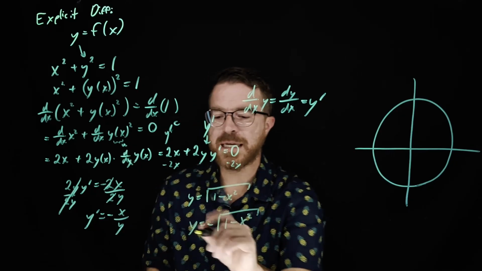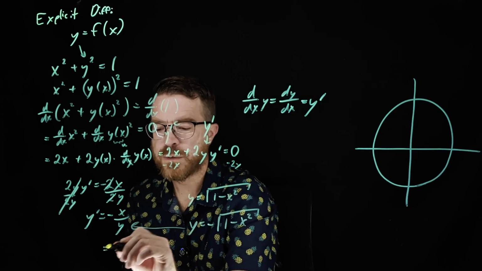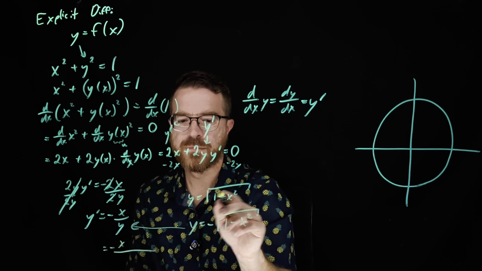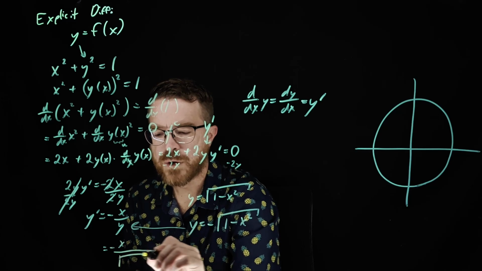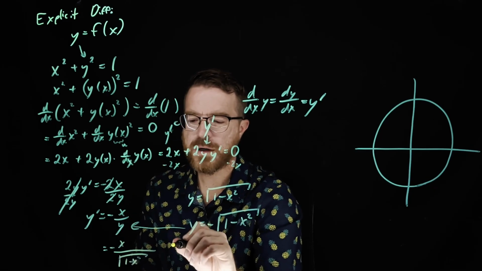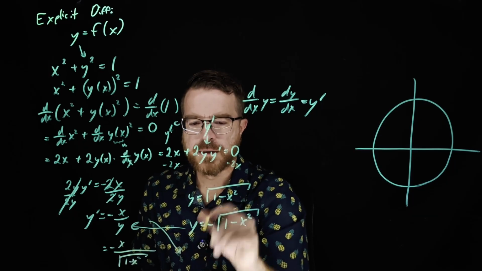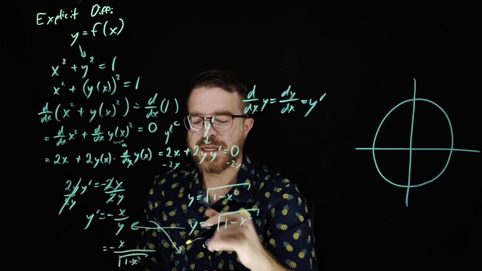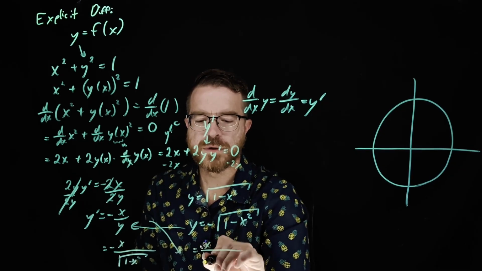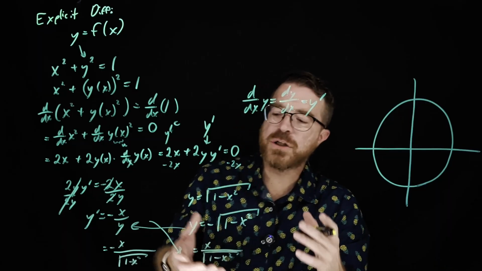If we plug this in for the y we have here, you'll see that this is equal to minus x over the square root of 1 minus x squared, or it could also be equal to, instead, minus over negative, and negative and negative gives us positive, x over the square root of 1 minus x squared. So see, this actually agrees with what we did.